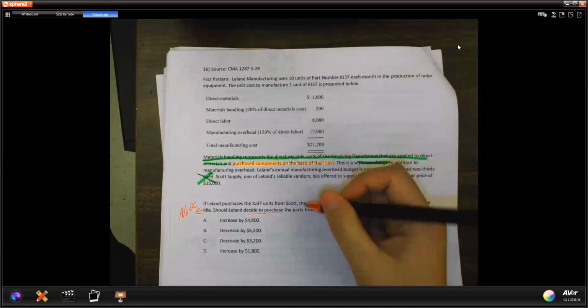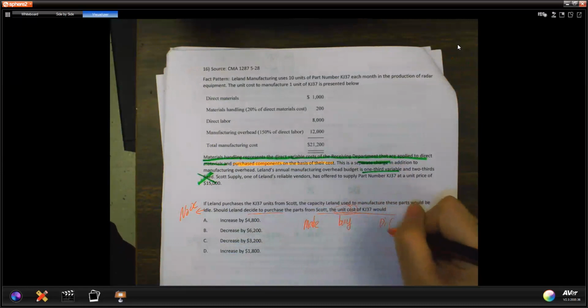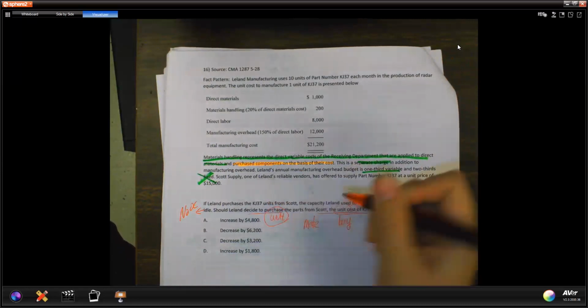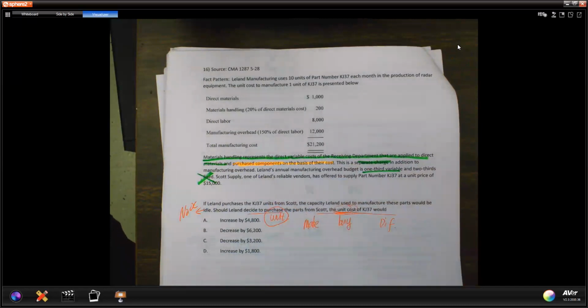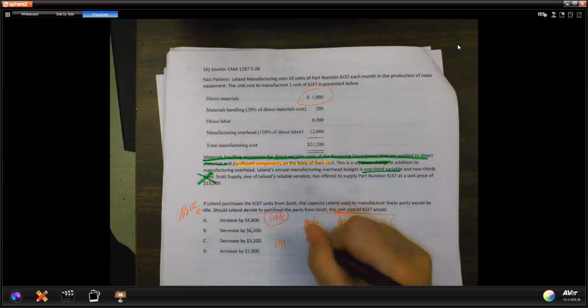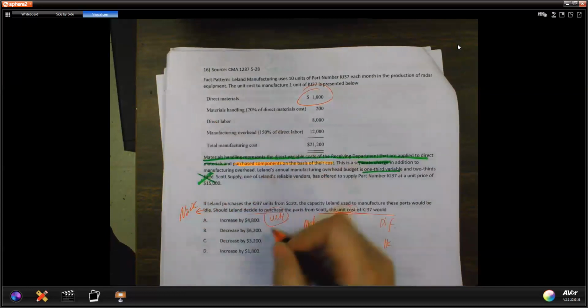We still do make or buy and look at the difference. We look at each unit because the question asks about the unit. You have the direct material. If you make, it's 1,000. If you buy, it's 0. So the difference is 1,000.